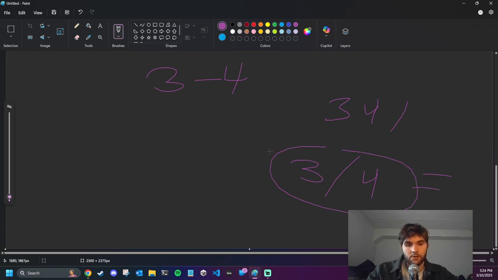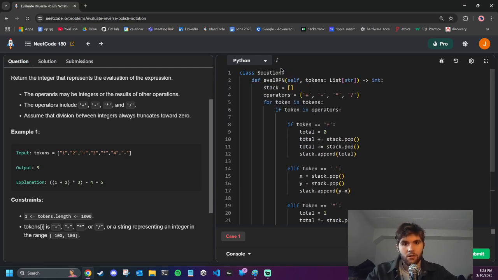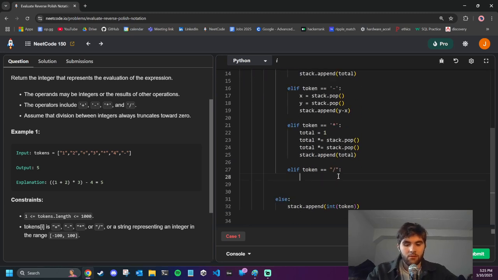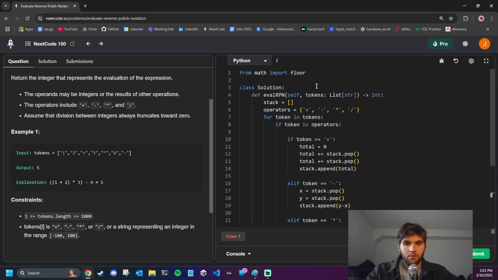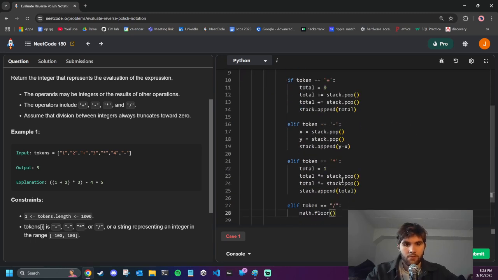And then it truncates towards 0, so we could just take the floor of it. I think we need math for that, the math library, from math. Does that work? I'll try it. So I'm going to do the same thing here.